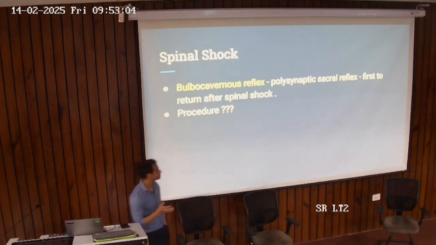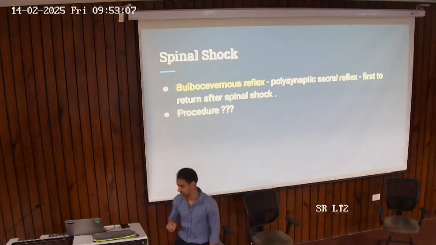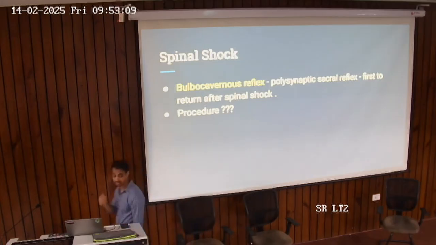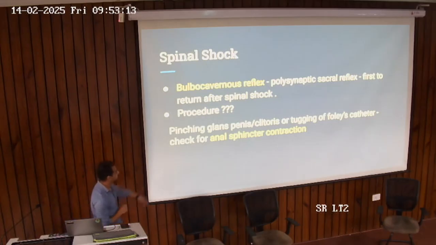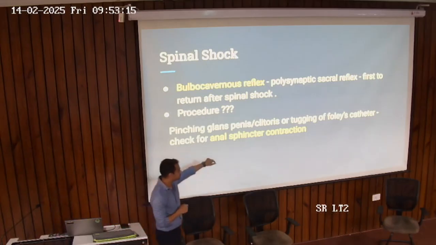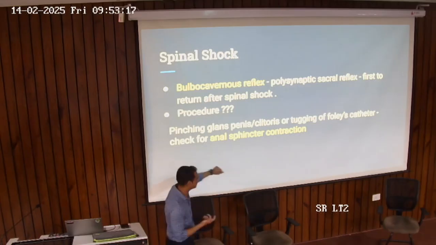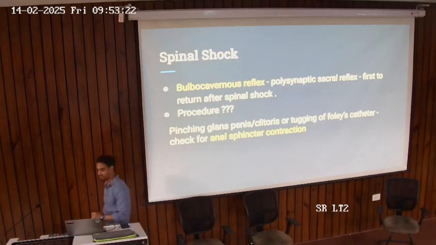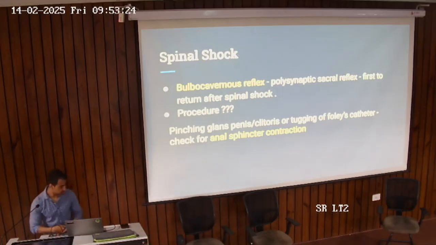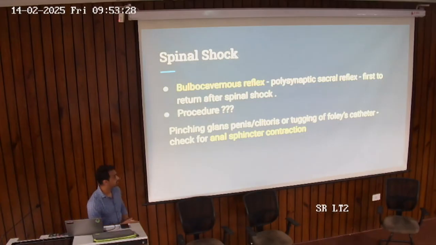Another exit. Yes. Okay. So once you pinch the glans or clitoris, or you touch the Foley's catheter, if the patient is catheterized, you check for anal sphincter contraction. That is your bulbocavernous reflex. So from one exit to another, that reflex, and it is polysynaptic.